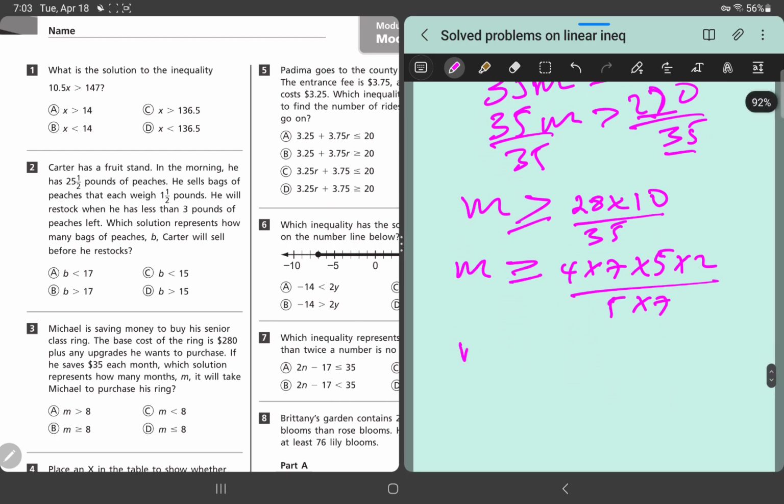So the number of months is how much? You can cancel the 7 by this and this by that. So 4 times 2, so the number of months has to be greater than or equal to 8 months, so he has to save at least 8 months.